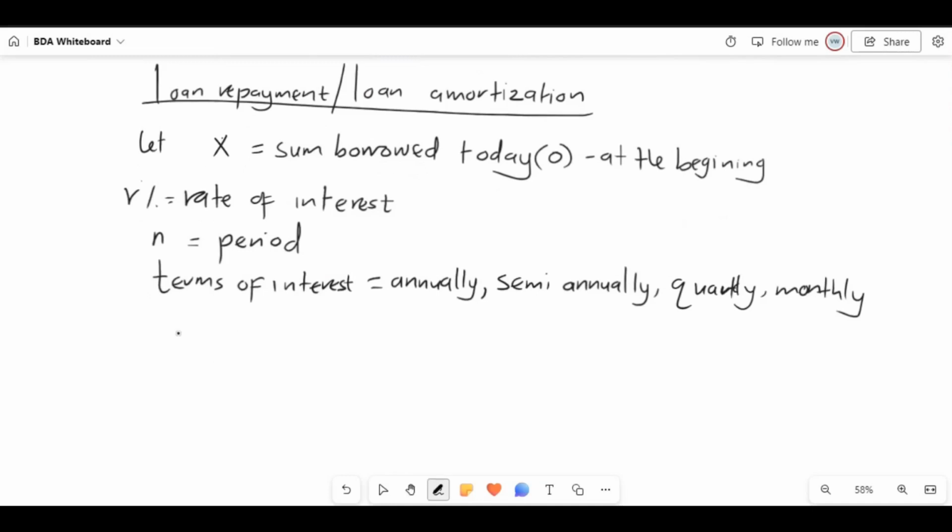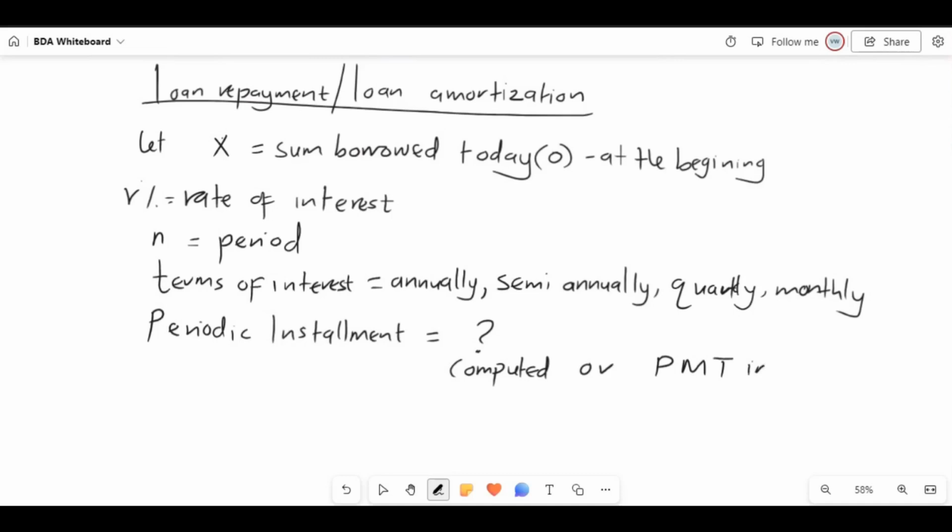So the issue is always what is the periodic installment. What we need to establish is the periodic installment to be paid. We can either compute it manually, or we can use the payment function known as PMT in Excel.